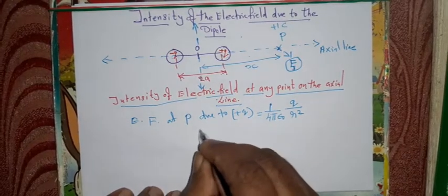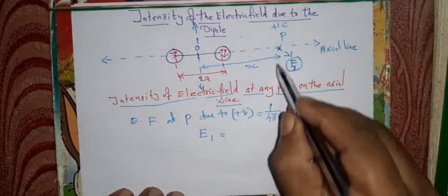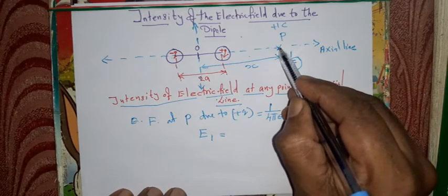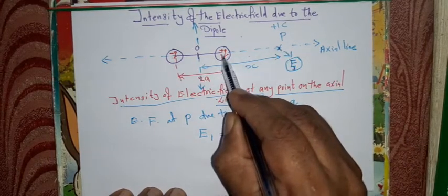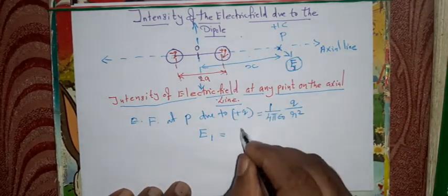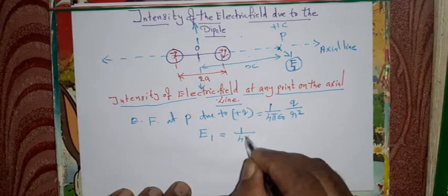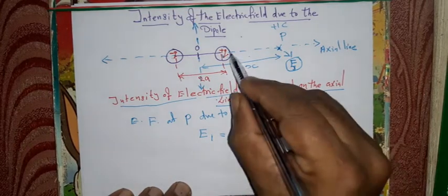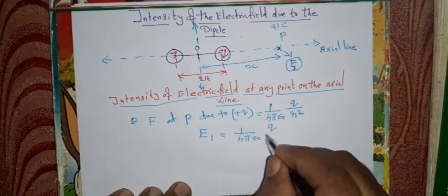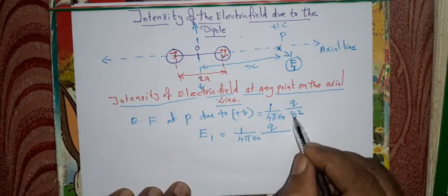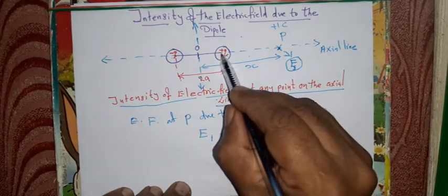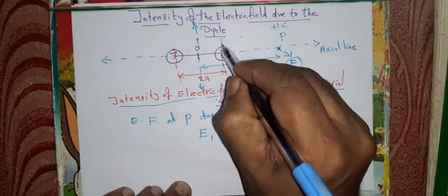Therefore, what is E1? E1 is the intensity of the electric field at P produced by plus Q alone. E1 is equal to 1 by 4 pi epsilon 0 into Q, the charge Q. R is the distance between the charge and the point. What is the distance here?